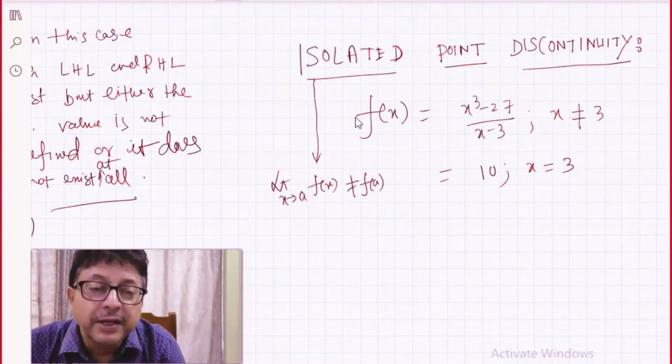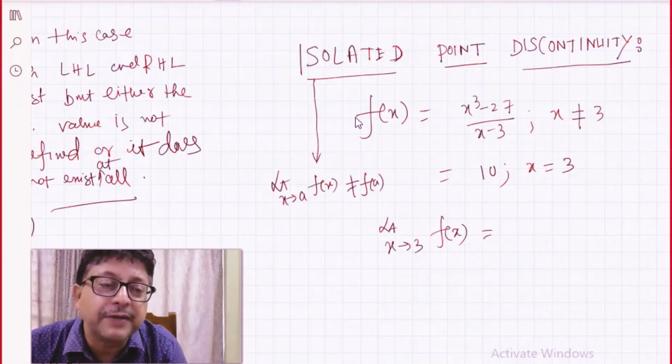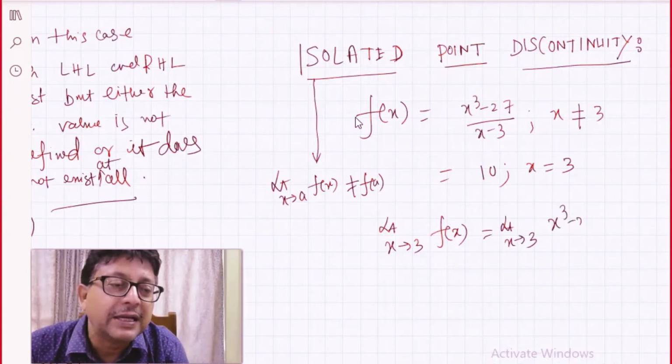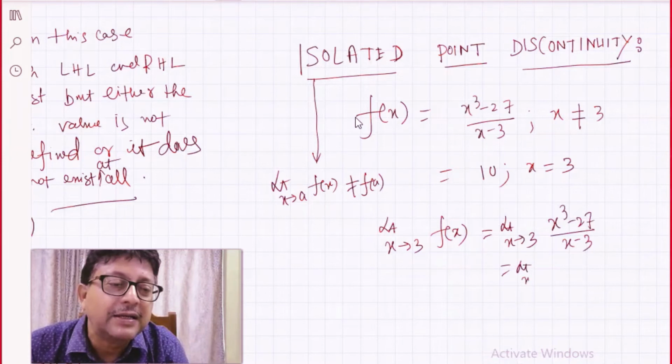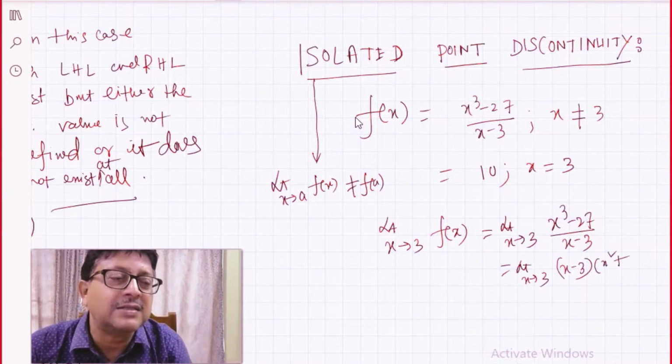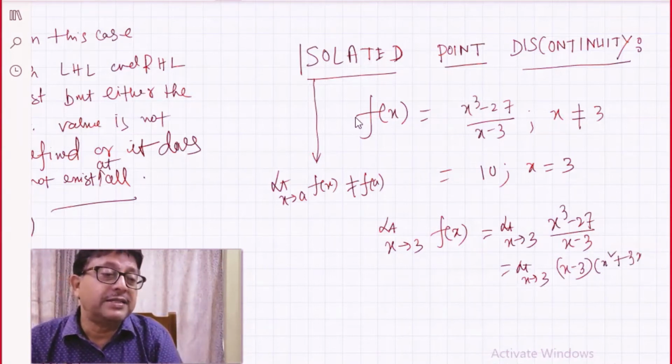If we find limit x tending to 3 f(x), what do you get? Limit x tending to 3 f(x) will be limit x tending to 3 (x cube minus 27) by (x minus 3), that is limit x tending to 3 (x minus 3)(x square plus 3x plus 9) divided by (x minus 3).